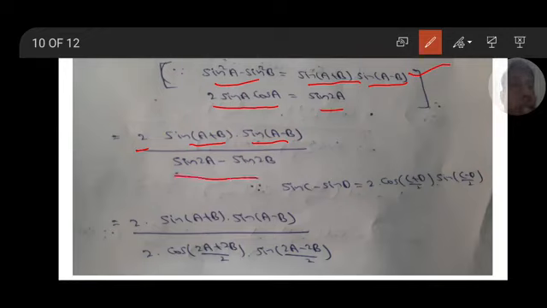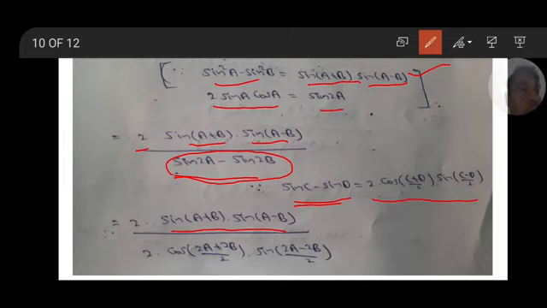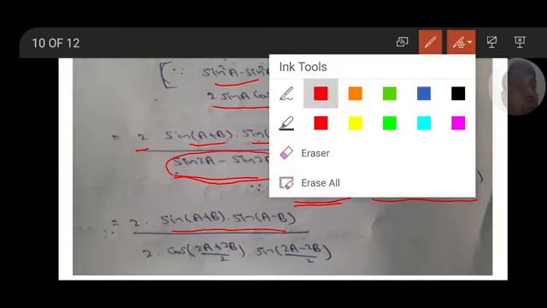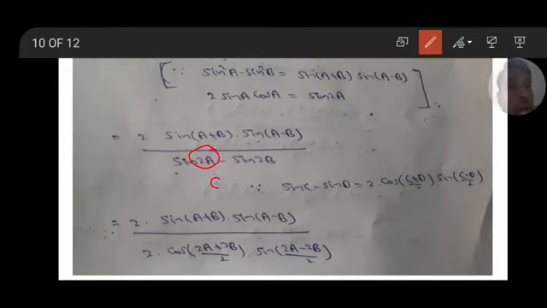Now the numerator is the same, 2 into sin of a plus b into sin of a minus b, and in the denominator it is the sin c minus sin d formula. What is sin c minus sin d? It is 2 into cos of c plus d by 2 into sin of c minus d by 2, where c equals 2a and d equals 2b.